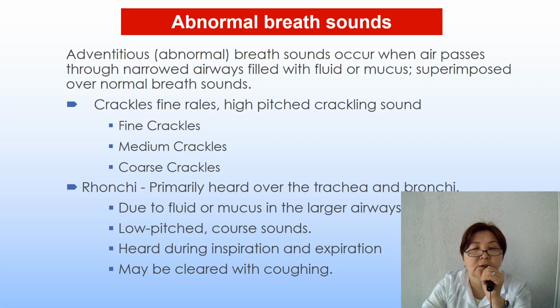Rhonchi are primarily heard over the trachea and bronchi. This can be due to fluid or mucus in the larger airways and is characterized by low-pitched, coarse sounds, heard during inspiration and expiration, and may be cleared with coughing.